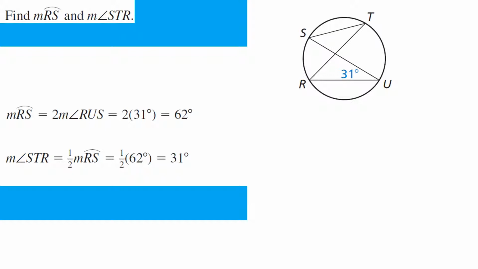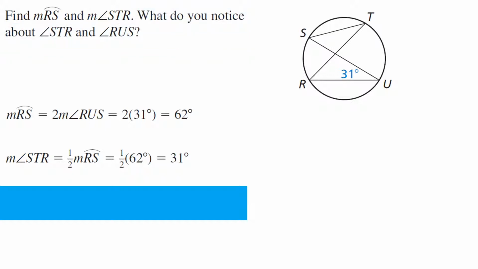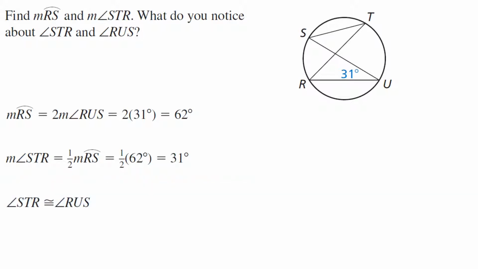Because arc RS subtends each of those inscribed angles. Right? They're congruent. Angle STR has to be congruent to angle RUS. Of course, notice I can also just call them angle T and angle U because there is no other angle there. Right, so I can choose to use all three letters or choose just one letter.